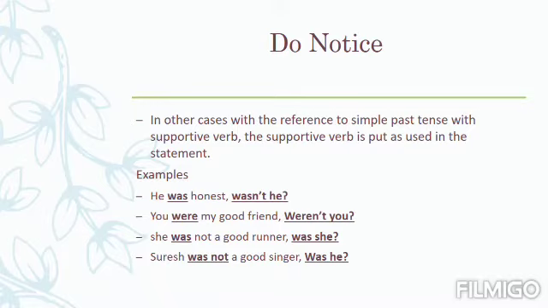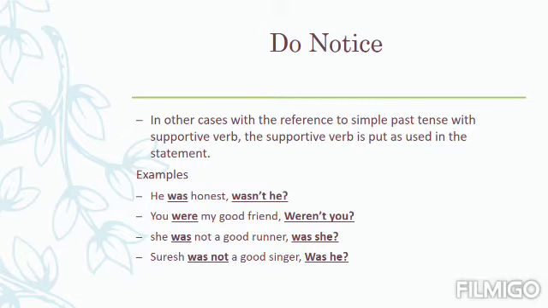Here, the supportive verb was has already been given. So first of all, put was. The statement is positive, its question tag will become negative. So put not, was not, its short form is wasn't. The subject has already been given, that is he. So its question tag will become wasn't he.